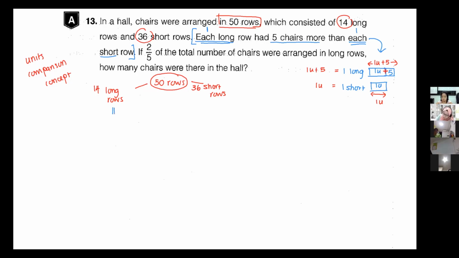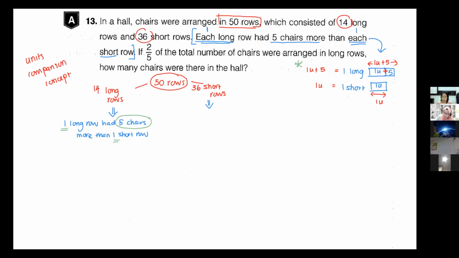my map here. I'm using a mind map kind of thing to show you the difference. So the long rows here, they mention that one long row had 5 chairs more than one short row. And we have established from the model just now that we are comparing one long row to one short row. And I know that the long row has 5 chairs more.